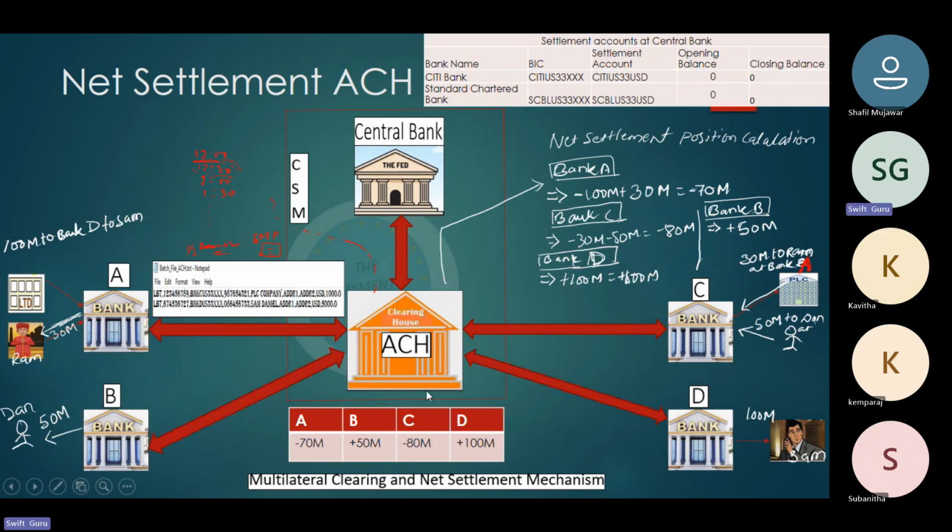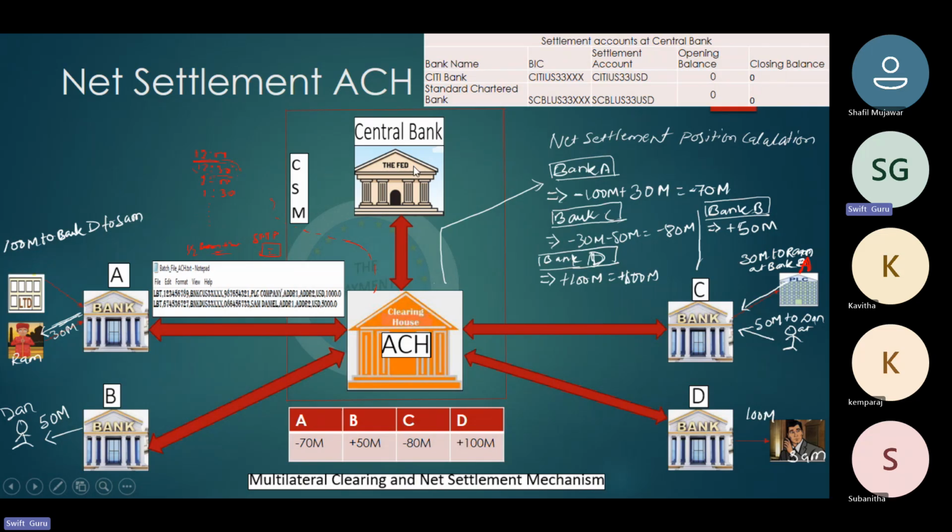What if, after sending out this final position, bank A does not pay off 70 million? Then this clearing and settlement mechanism is bearing all the risk, right? If bank A does not pay off, bank D, who is owed 100 million, will not wait for bank A to transfer to their account, right? Bank D is least bothered whether bank A is paying off to the central bank or not.